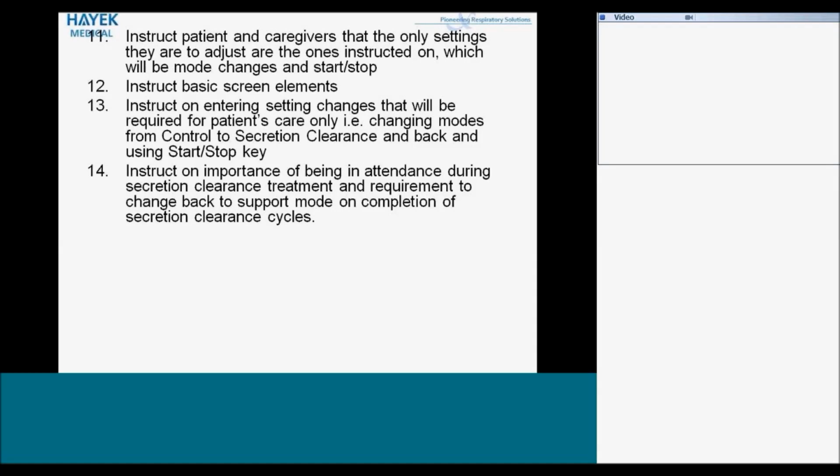Okay, and it's very important that we help them to understand they need to be there during secretion clearance. One of the things that can occur at any time while they're being ventilated, but the odds increase a lot when they're taking secretion clearance, is that a plug may present at the airway and the patient may need assistance clearing the airway.